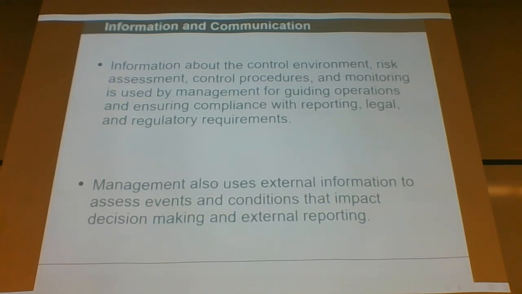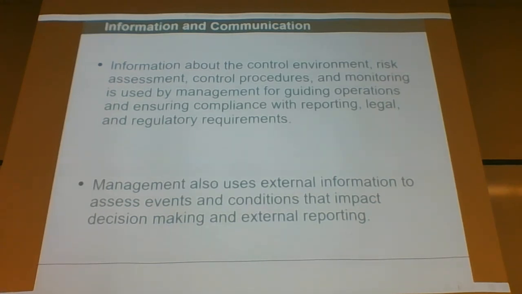Yes, we monitor the process, but we take the information that we obtain about all of these components, the control environment, what we've learned from risk assessment, what we're doing in terms of control procedures, and what we found out when we monitored our system, and we use that to improve our internal control process.